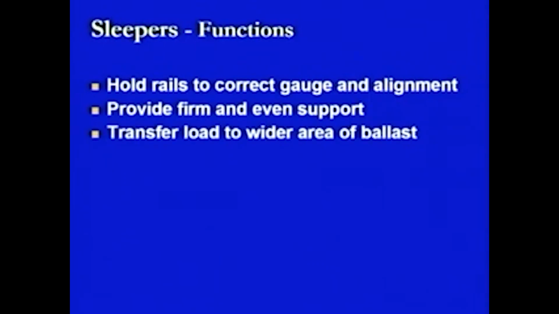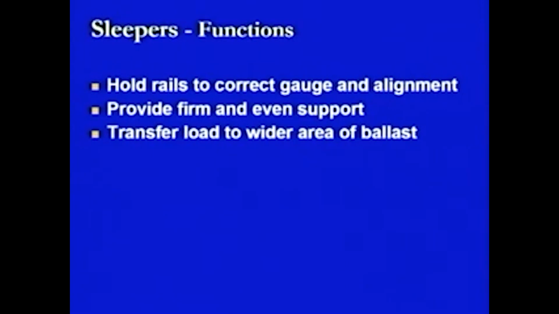They should be able to transfer the load to a wider area of ballast. As we have seen, the concentration of loads keeps on reducing as we go from the top to the bottom. They are heaviest at the top, and that is why the heaviest sections have been provided as the rail sections. But as we come to the ballast section, the strength capability of the ballast section per unit area is quite less as compared to the rail section.